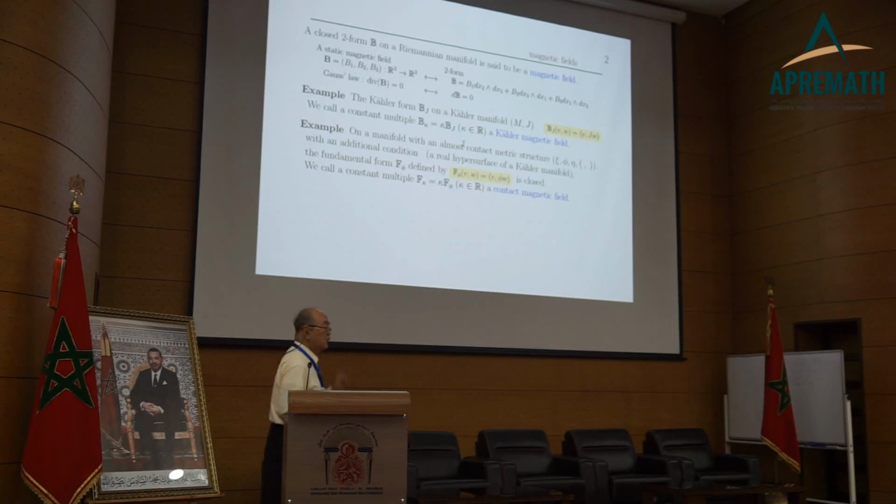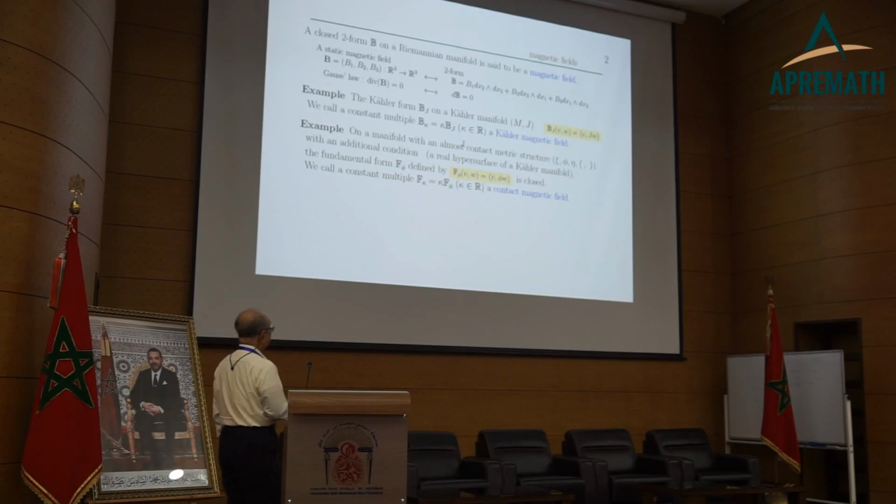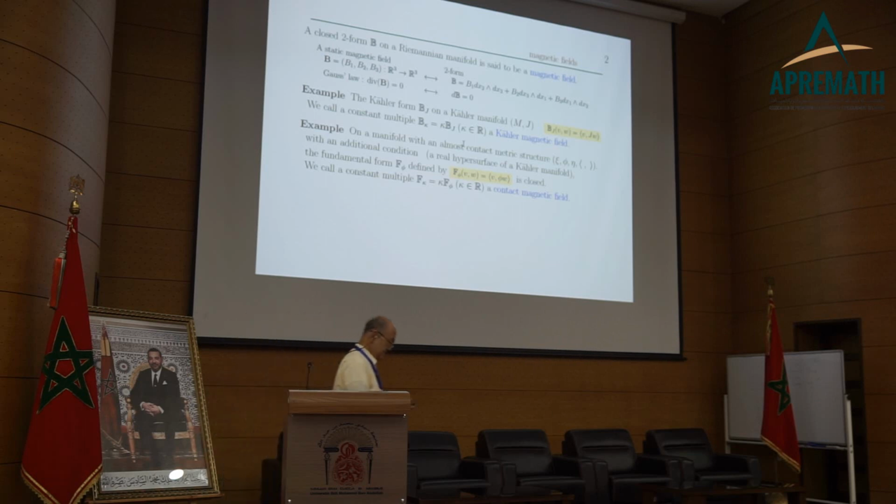We here give two examples. One is the Kähler form of a Kähler manifold. We use this signature; Professor Munteanu's signature is different from mine. We need a minus, but it is not the matter. And we call the constant multiple of this form the Kähler magnetic field.